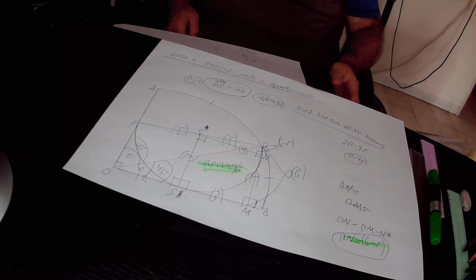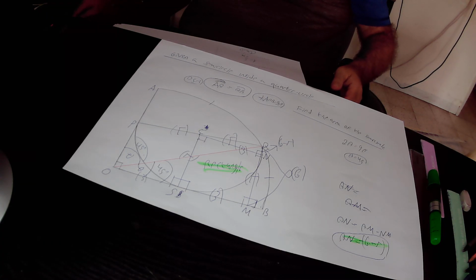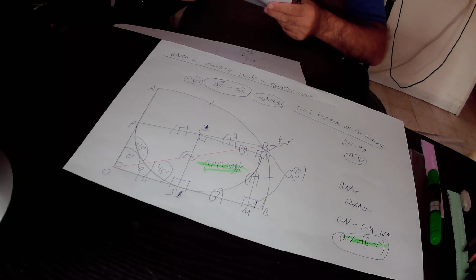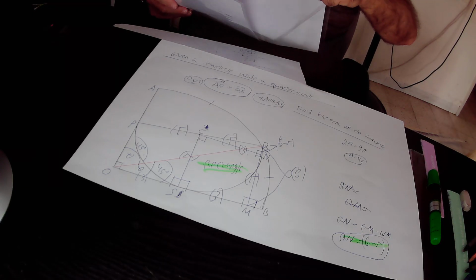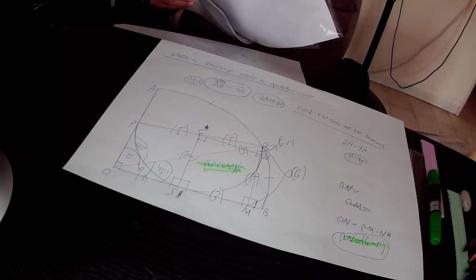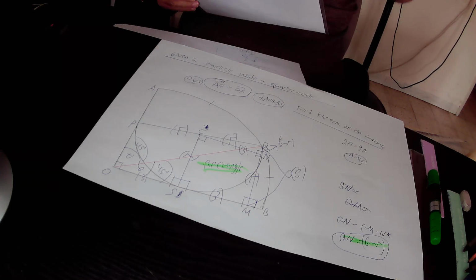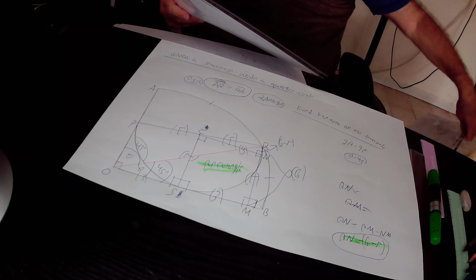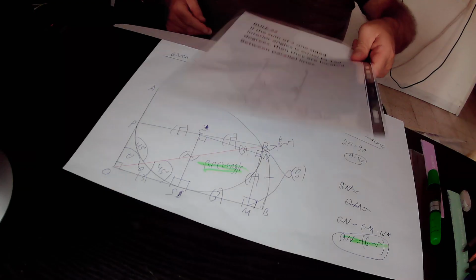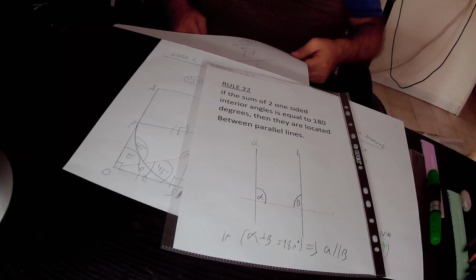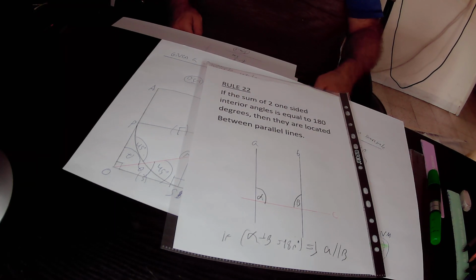So here I can implement rule 22. According to rule 22, if the sum of two one-sided interior angles is equal to 180 degrees, then they are located between parallel lines.